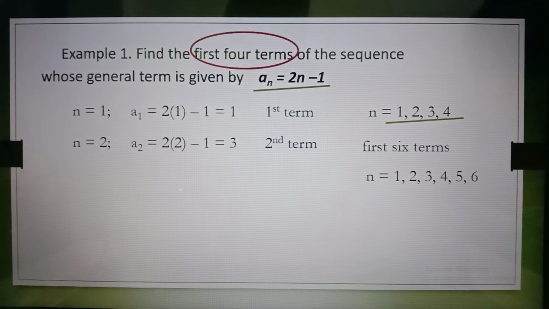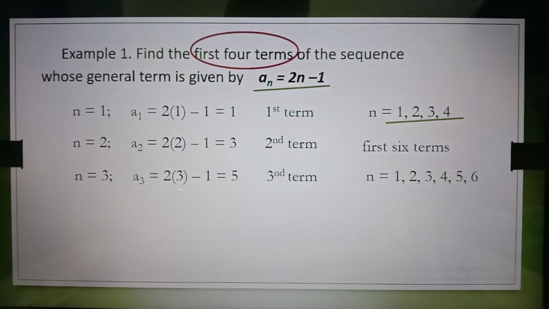When n is equal to 2, a sub 2 is equal to 2 times 2 minus 1 equals 3, which is the second term. So, when n is equal to 3, we have a sub 3 equals 2 times 3, 6 minus 1 equals 5.